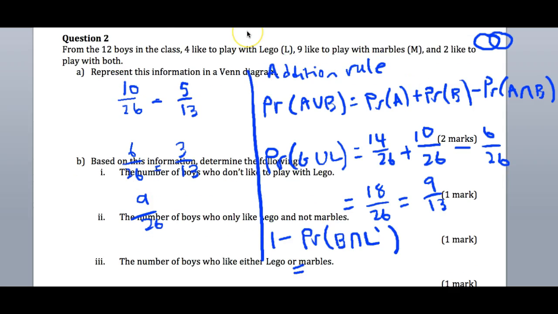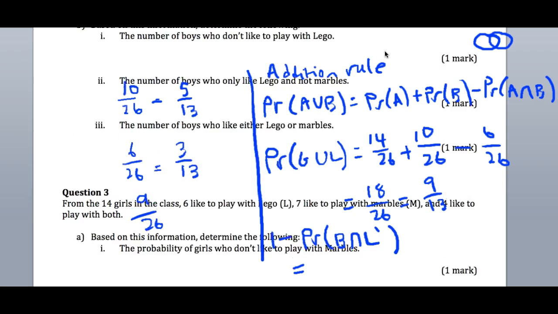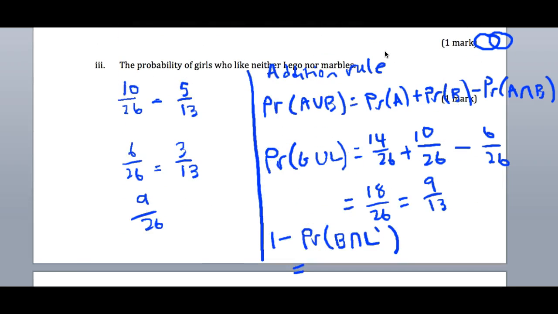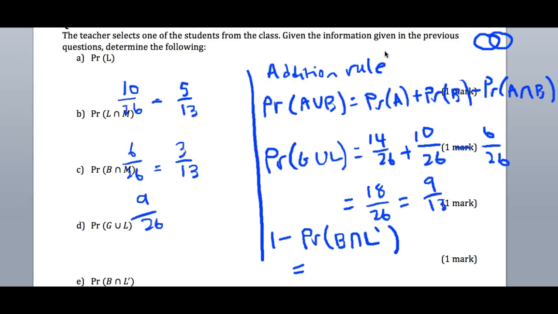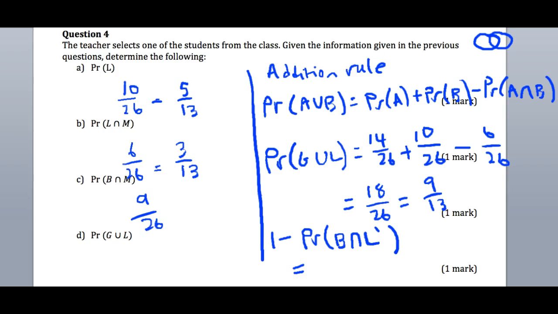Okay, so when we did our Venn diagram, we had 7 who just liked marbles and 1 who liked neither. If you think about our Venn diagram, where are we? Down here. So that's going to be 7 plus 1. So it's 1 minus, so 7 plus 1 is 8 over 26.